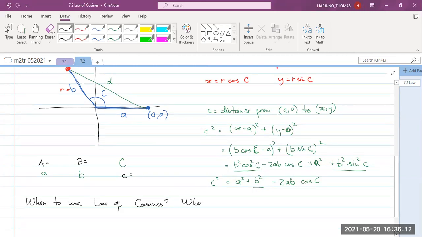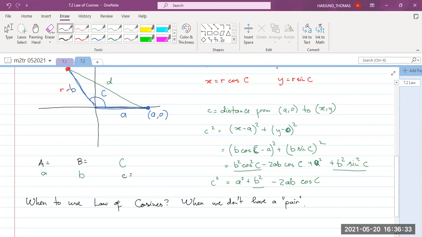When we don't have a pair. Okay, if we don't have a pair, then we use law of cosine.